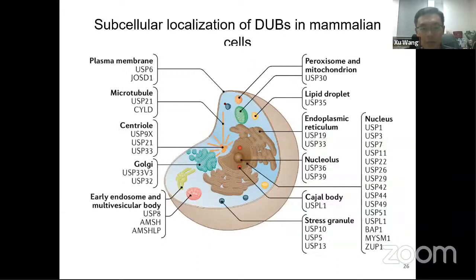Some DUBs reside on the plasma membrane, like here, and some DUBs stay in the nucleolus, like USP36 and USP39. And some DUBs stay in the Golgi apparatus. So different DUBs have different subcellular locations.